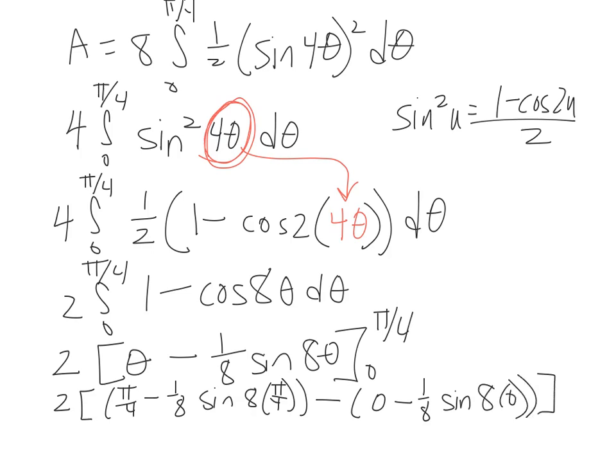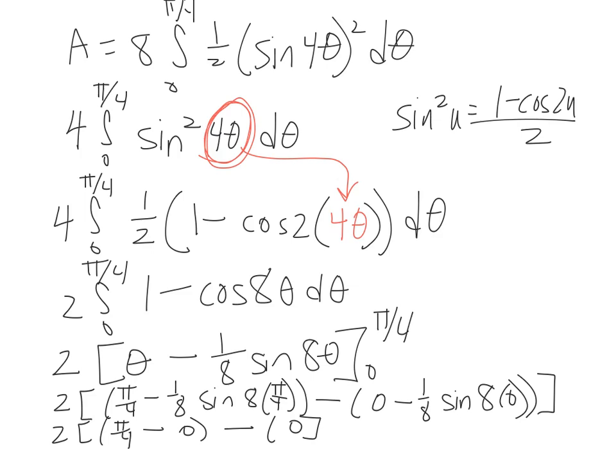So this is 2 times pi over 4 minus, this is the sine of 2 pi, which is the same as the sine of 0. So 0 minus, the second set of parentheses here, I've got 0 minus the sine of 0 is 0. So this is all 0.